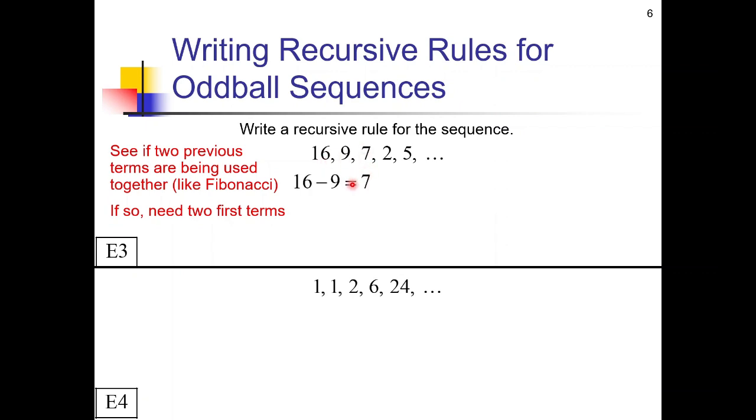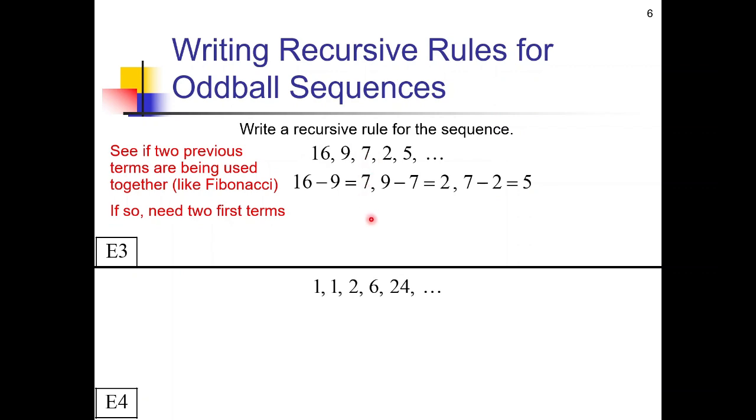It could just be a coincidence though. Let's see if that rule works for the next two. So 9 minus 7, is that 2? Sure is. How about 7 minus 2? Yup, that's 5. So we could keep going with this, but it looks like this is what's going on here, is we're doing the second to last term minus the last term, and that gives us the next term.